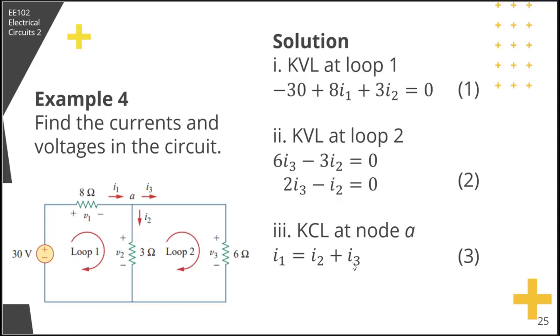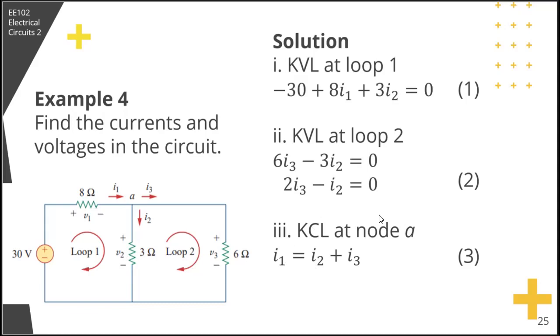Then once I have I3, I substitute it into the third equation, so I1 is also in terms of I2. Then I substitute into the first equation, and I can solve for I2. Once I solve I2, I back substitute to get I1, which is in terms of I2, and then I can solve I3. Okay.